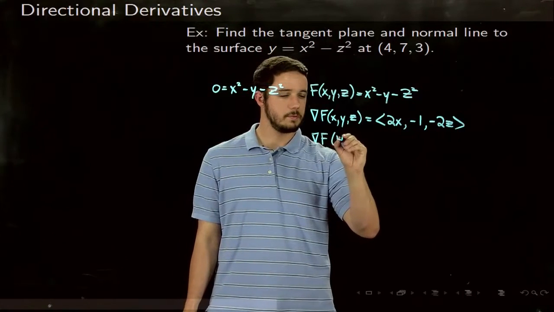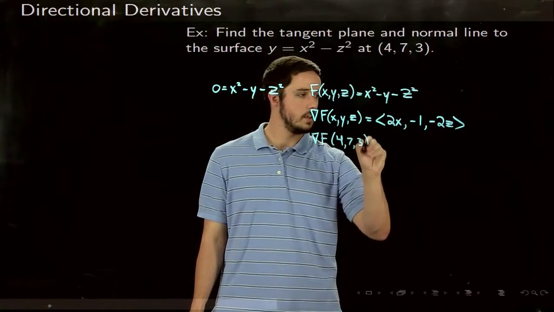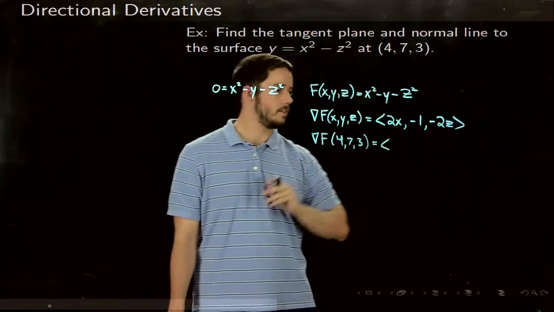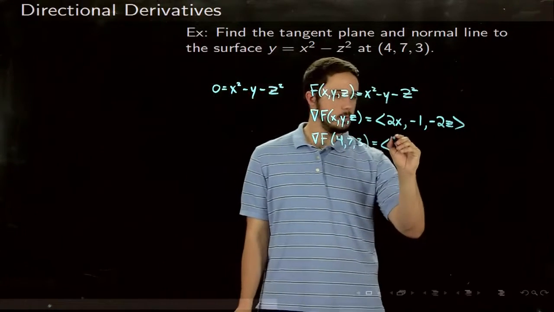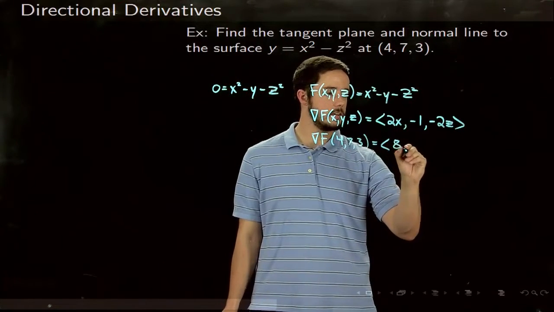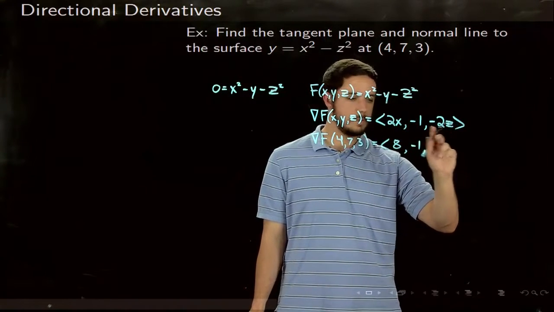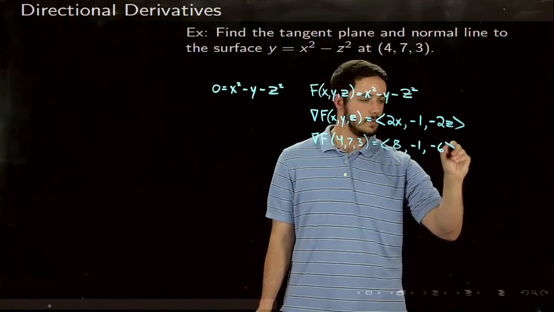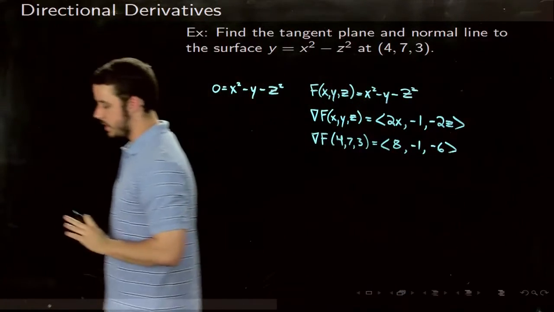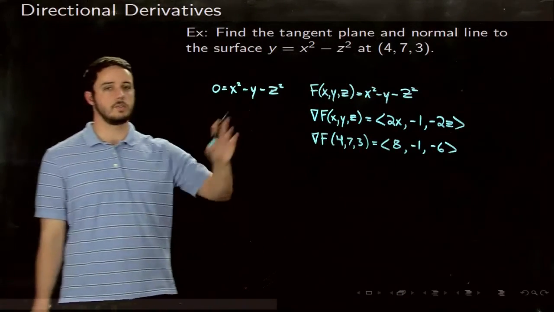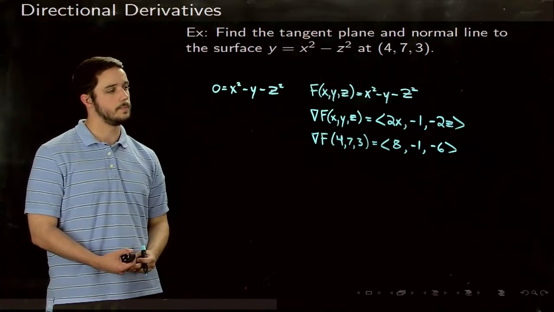Gradient of f at 4, 7, 3. If we just plug in 4, 7, and 3 for x, y, and z, we get 2 times 4, which is 8. We get negative 1 here. And we get negative 2 times 3, which is negative 6. So we know that this is a normal vector for the surface y equals x squared minus z squared.